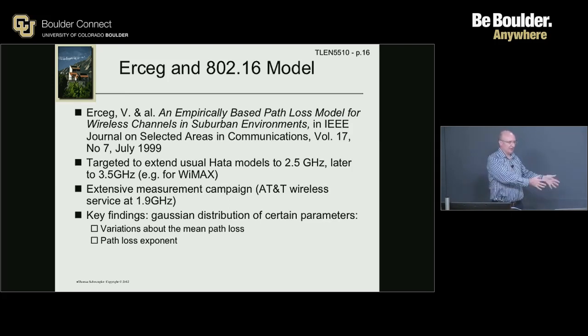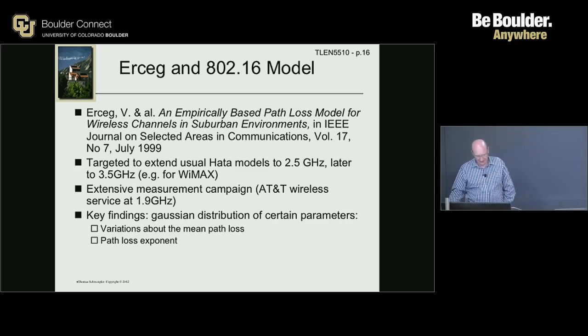Well, they relied already on a whole bunch of data measured at PCS frequency. So it's kind of interesting, right? The early Okumura curves were at 150 megahertz, and they were used for cellular and PCS. Now that we have tons of PCS data, we're not using it for PCS, but we're using it for, again, higher frequency. It was interesting.